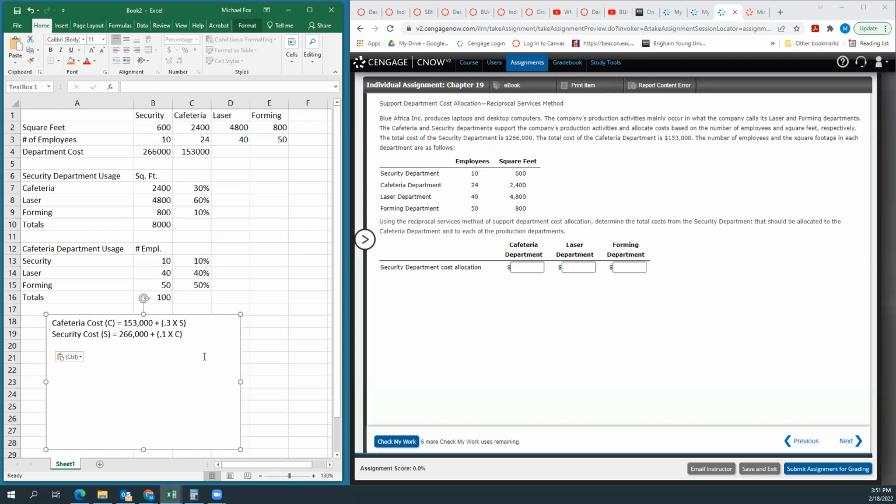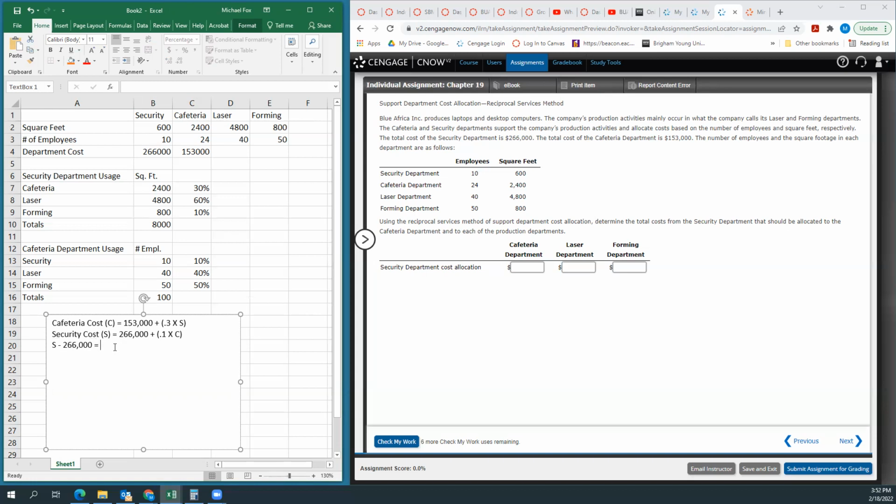So here's how I would do that. We know S, our security costs, equals 266,000 plus 0.1 times C. I'm just going to subtract 266,000 from both sides.